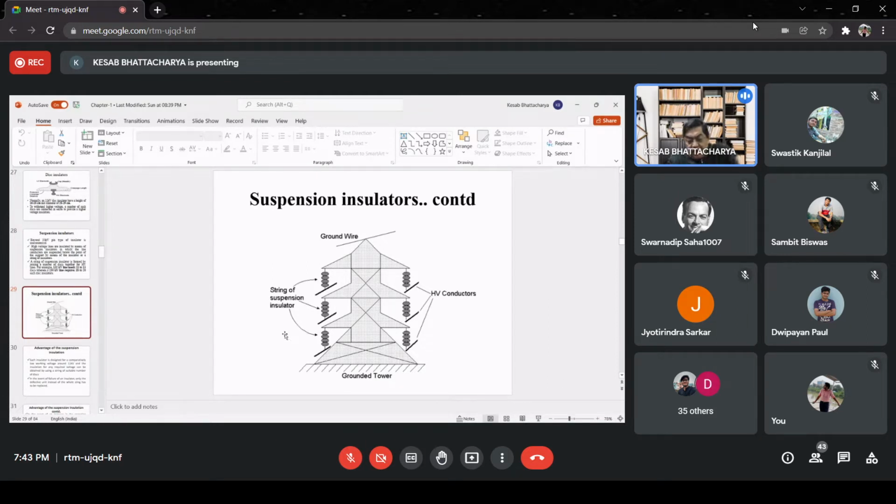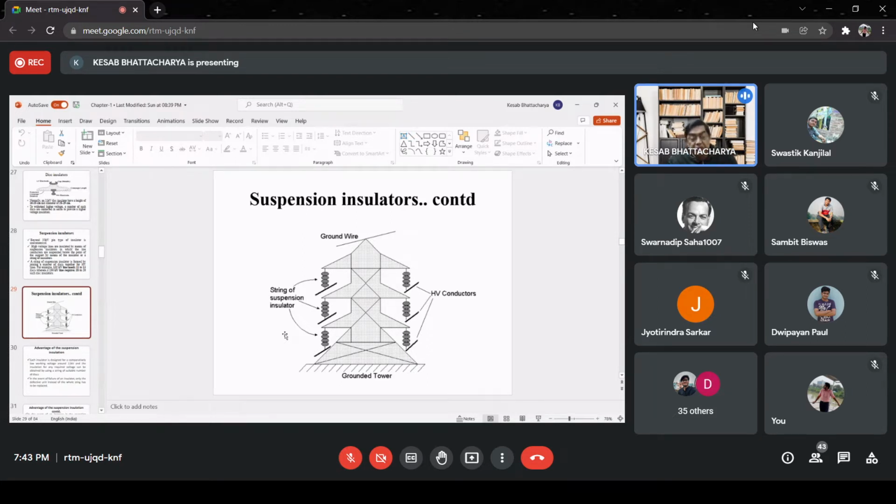Now, why do we opt for suspension insulator instead of making a suitable pin type insulator, so that the same level of voltage can be accommodated?